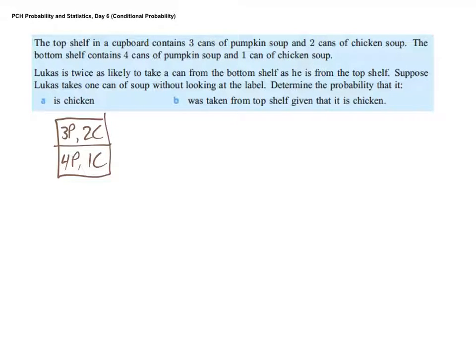So we have the choice of shelf, top or bottom. He's twice as likely to take a can from the bottom shelf as from the top shelf, so the probabilities are 1/3 and 2/3. A 1/3 chance of picking from the top, a 2/3 chance of picking from the bottom. Does everyone get that part so far?